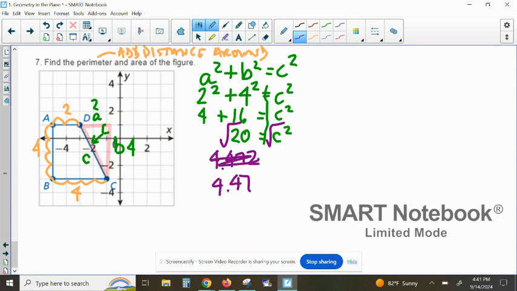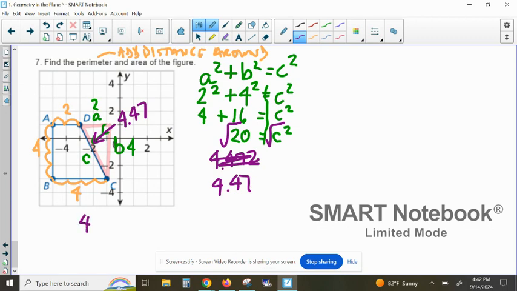So that means this side that I was looking for, this C side, was 4.47, which makes sense on my graph, doesn't it? I mean, if I had a number like 20, we know that's not 20 blocks. That's silly.